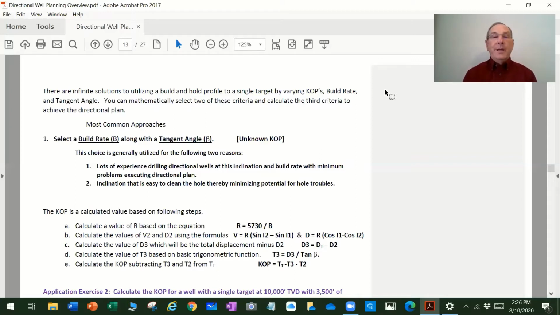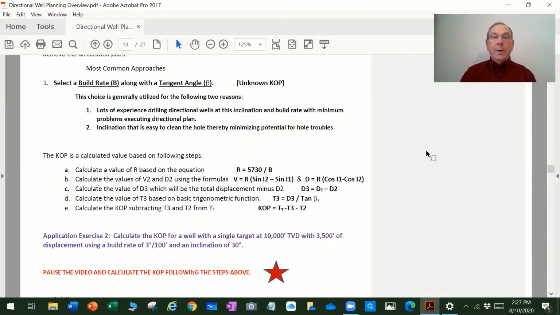It works real well, with minimal problems, and you've got a lot of experience doing it. The second reason is that this inclination is easy to clean the hole, and you minimize the potential for hole trouble. With lower angle wells, you typically have less hole cleaning problems than with high angle wells.